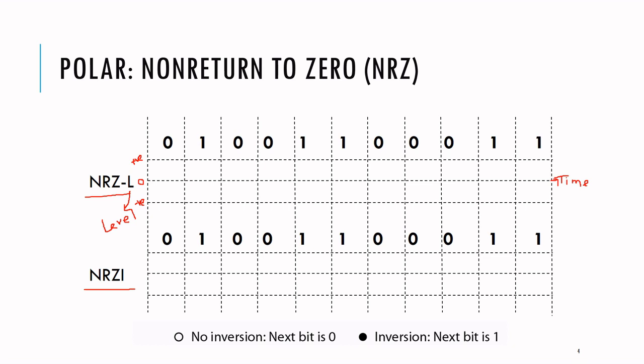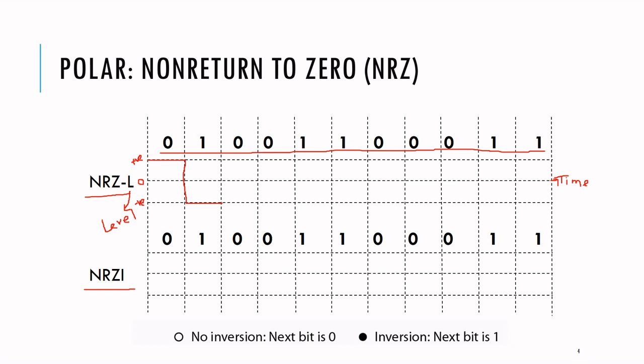So suppose this is your data, which is 0, 1, 0, 0, 1, 1, 0, 0, 0, 1, 1. All right, so how we are going to be encoding using NRZ-L is, for 0, we are going to be picking the positive. All right, and for 1, we are just going to be picking the negative. And this is going to go on for all of the bits.